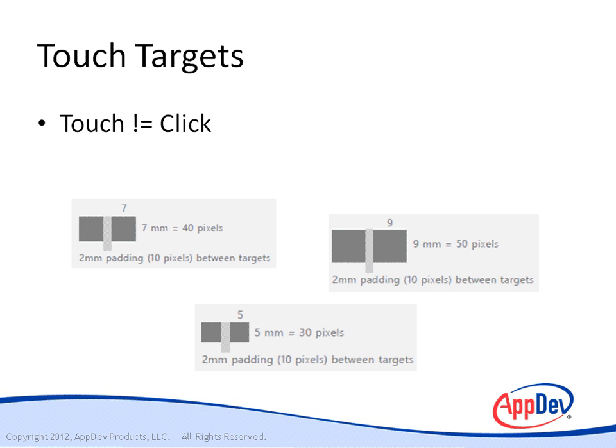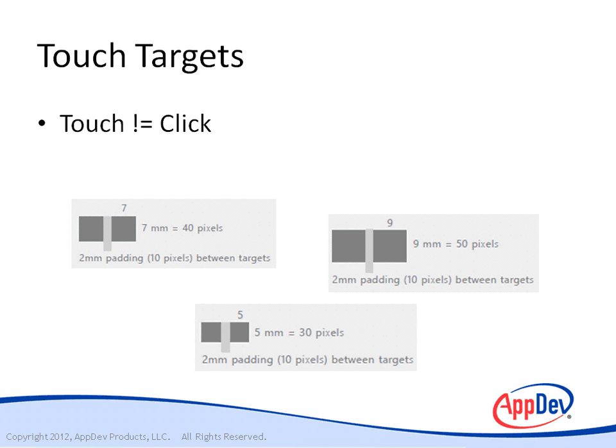Another key element to really designing for touch is understanding touch targets. A touch is not a click. If you've worked with Windows previous to Windows 8, the fidelity you get with a mouse click is much more accurate than with touch. I think with a mouse it's something like 14 pixels makes a good click point.